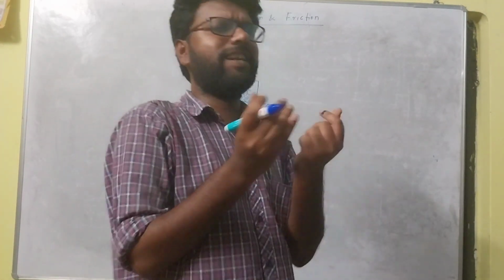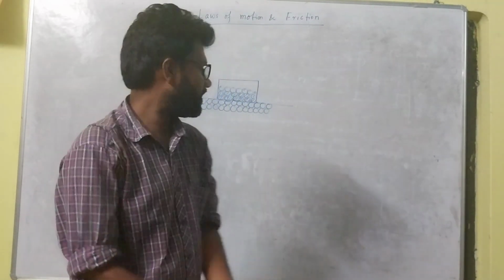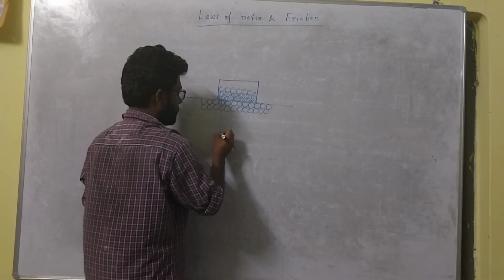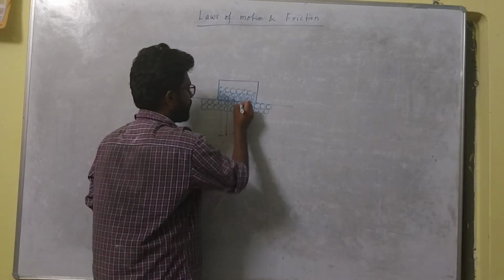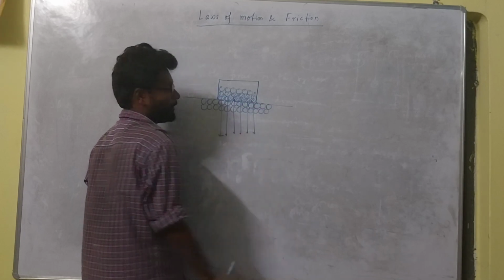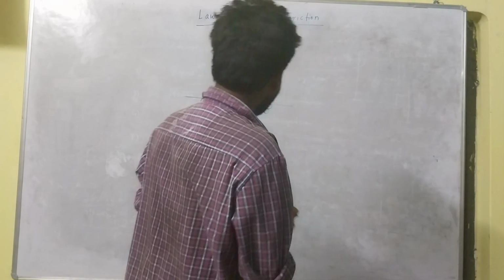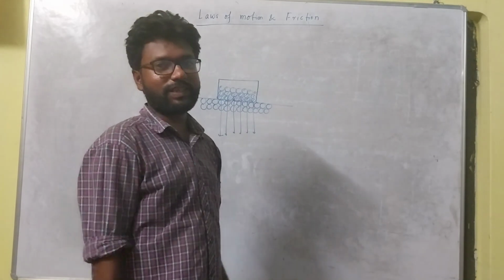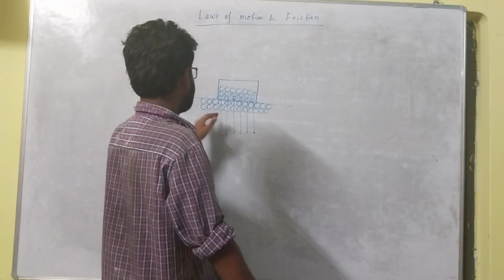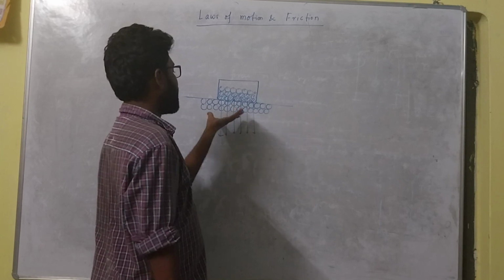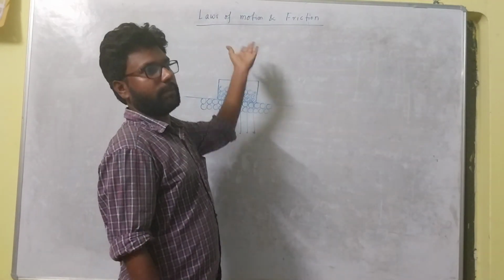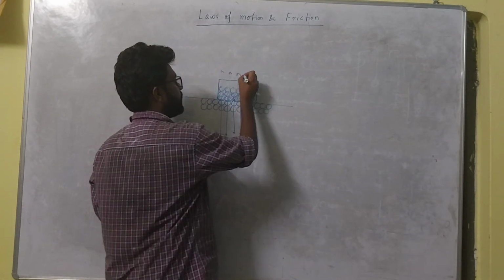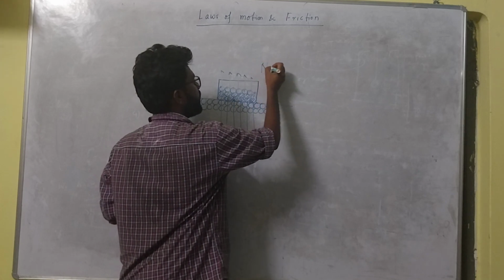Very little mass, but it has a mass. Then the Earth pulls it down, and of course by Newton's third law, the atoms of that surface push the block upwards, because of the action-reaction pair. It is called the normal reaction. It is called what? Normal reaction.